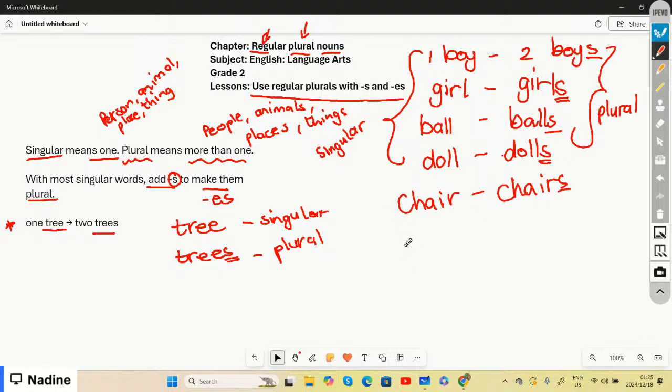If we have one cup, almost there, one cup, which is singular, what is the plural form of that word?